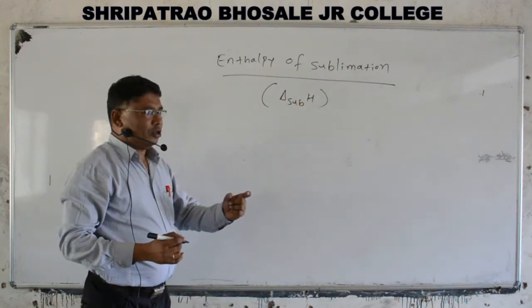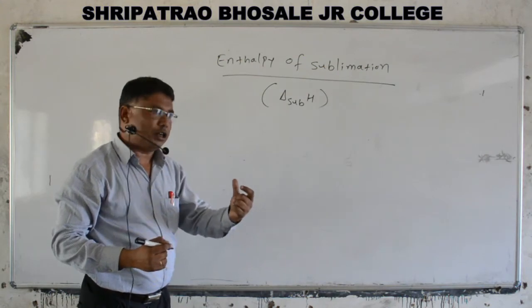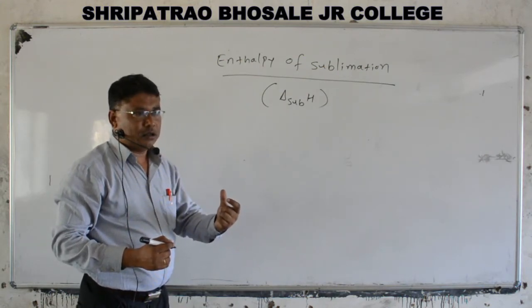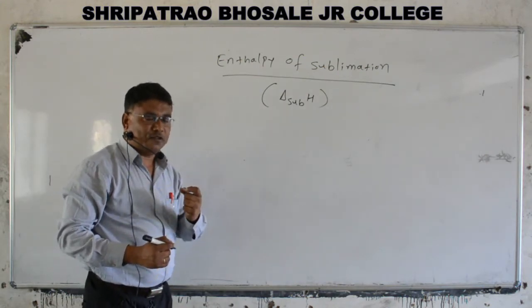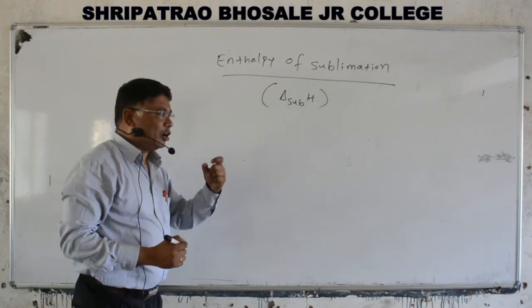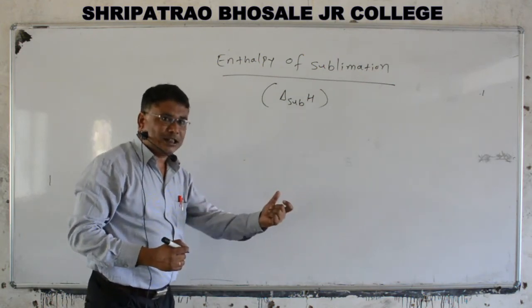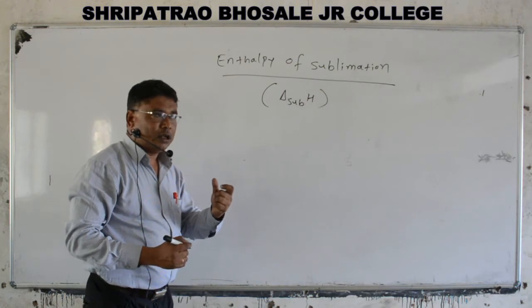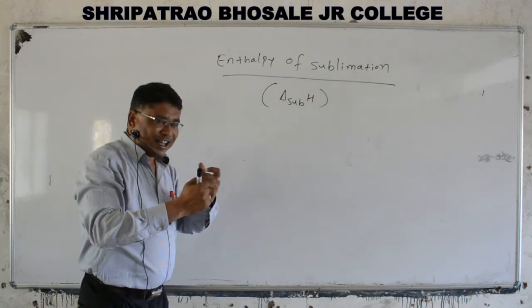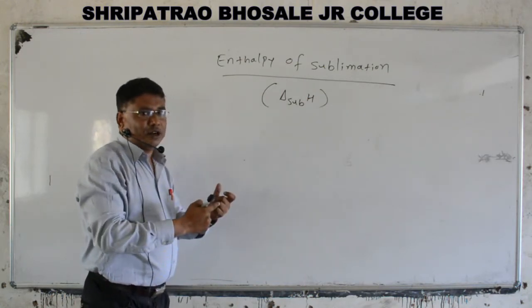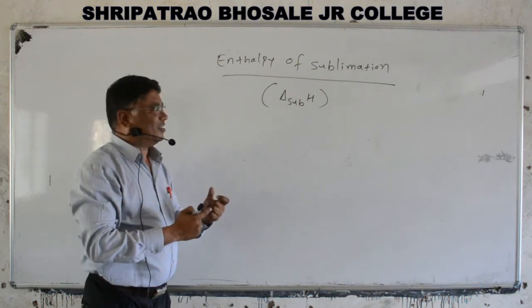You know that solid is converted into liquid, that is called fusion. The reverse of fusion is called freezing. And liquid is converted into gas, that is called vaporization. And gas is converted into liquid, that is called condensation.